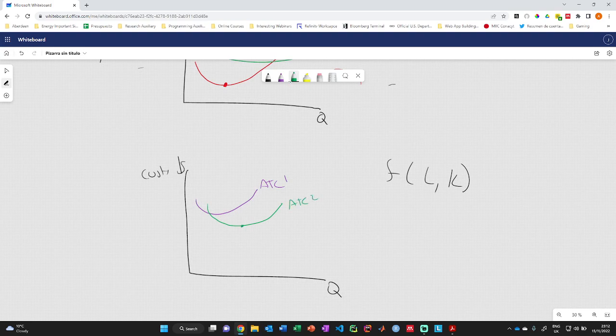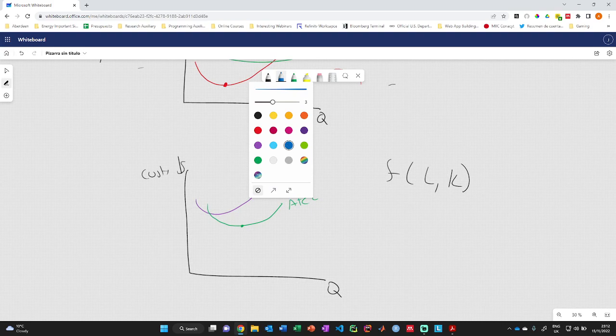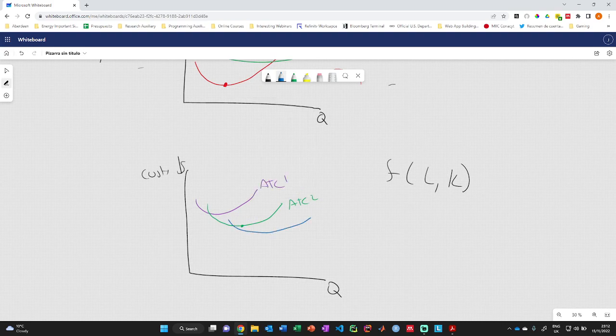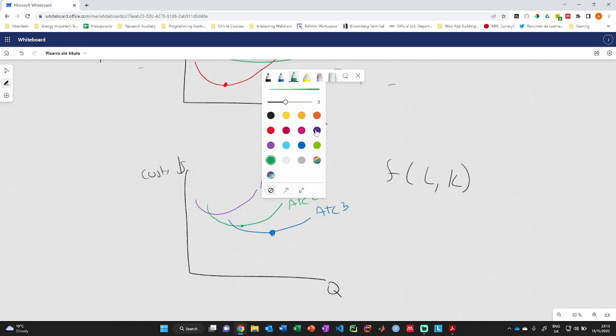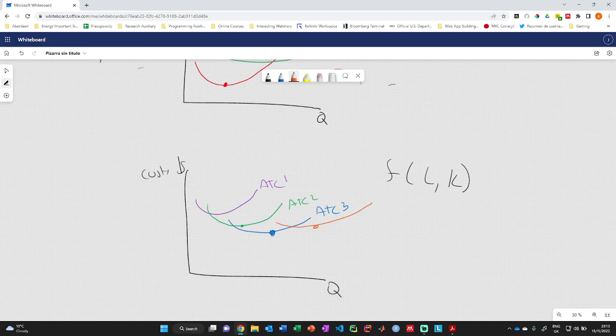And let's imagine another now, instead of 2 plants, I do 3 plants. And now I have this structure and still going down. But then we'll have this point, this orange, this average total cost that will be again increasing.